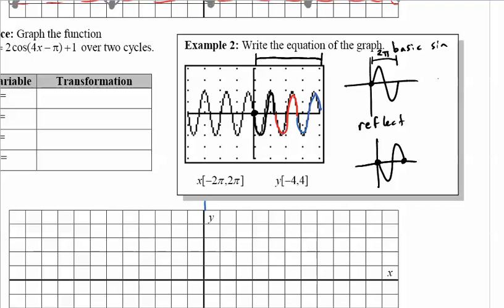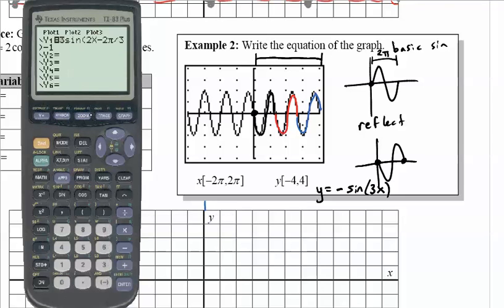So that means my period is 3 times smaller. This is a sine graph that's been compressed 3 times. So that makes me think that an equation for this graph might be the negative sign will reflect it, and I make it 3 times smaller.